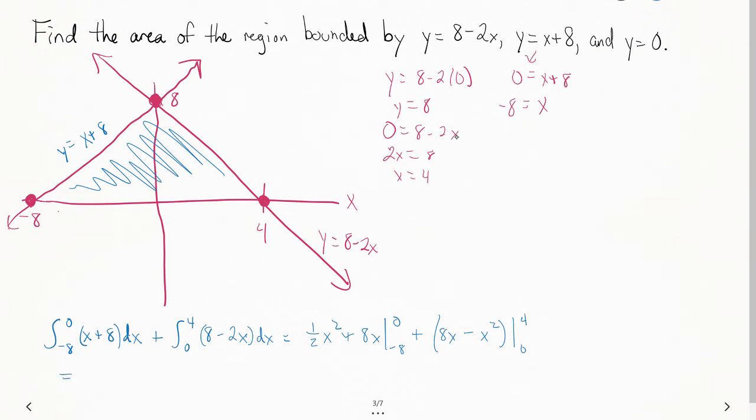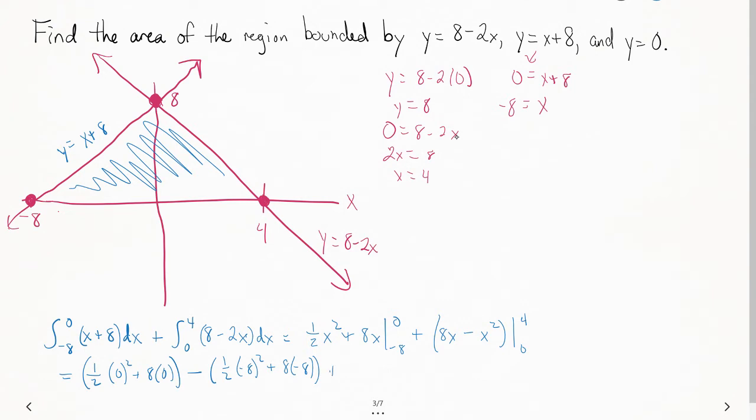Okay, so what does that mean? Well, that means we have 1/2 times 0 squared plus 8 times 0, which will be an easy calculation, minus 1/2 times -8 squared plus 8 times -8.